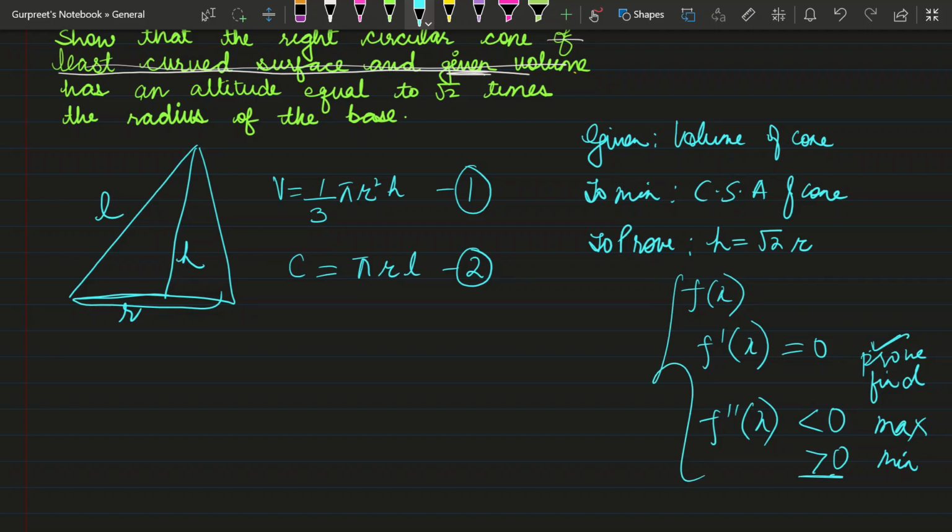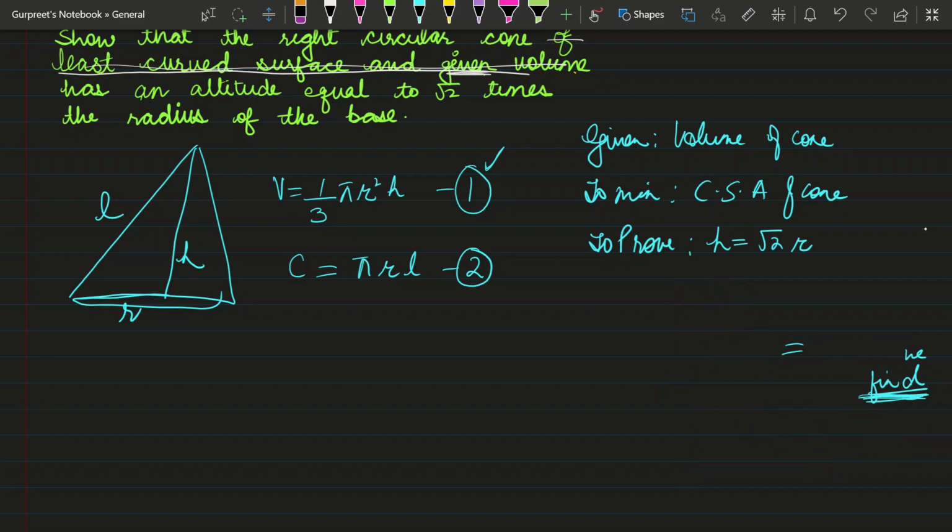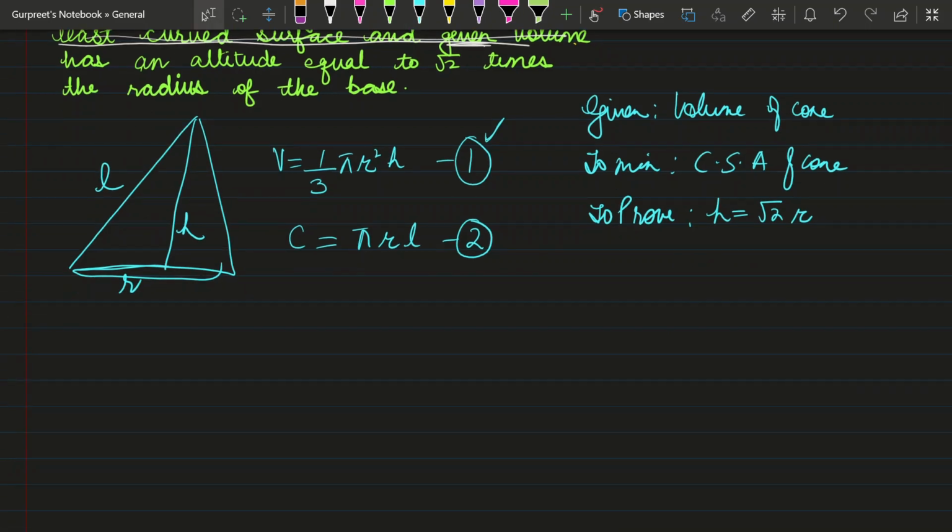And this proving part is very, very important. The moment you put the first derivative equal to 0, you get the proving part. Sometimes you do not get the proving part straight away, so we use what is given in the question. So we can use equation number 1 to prove what is asked in the question. All right, let's start with the question now. Curved surface area has two variables. It has r also, l also.